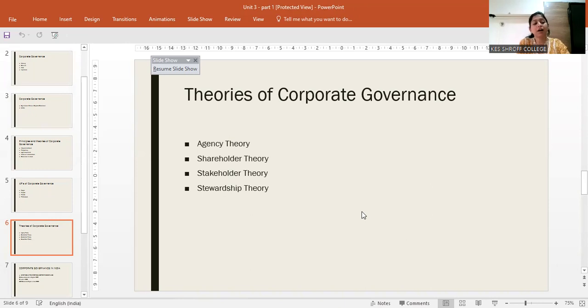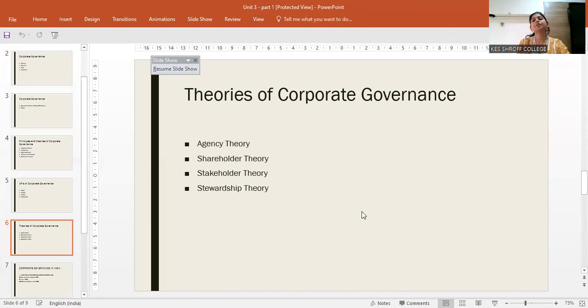As per his New York Times article, the only responsibility of the business is to engage the money of the shareholder wisely and utilize its resources. So the idea behind shareholder theory is that managers or directors have the primary duty of maximizing shareholder value. So shareholder theory looks after the interest of the shareholder.